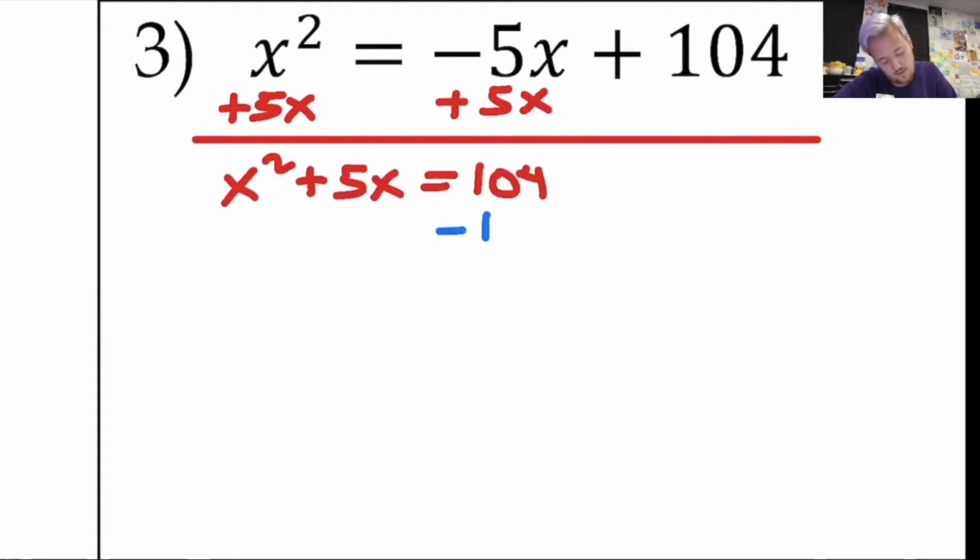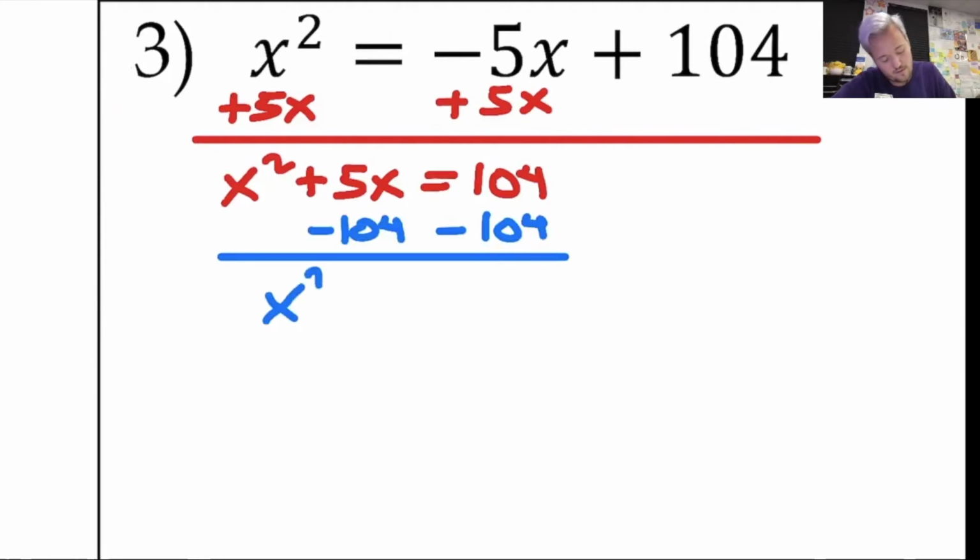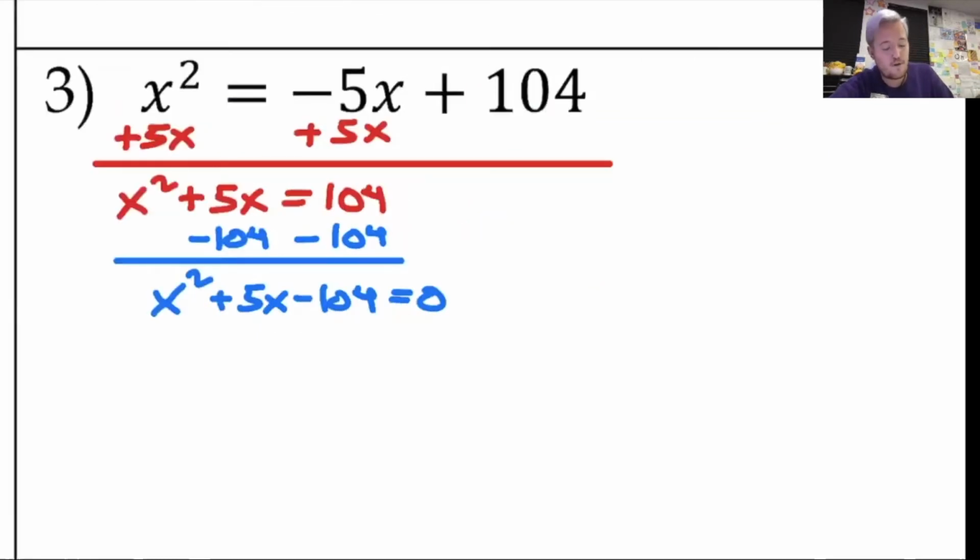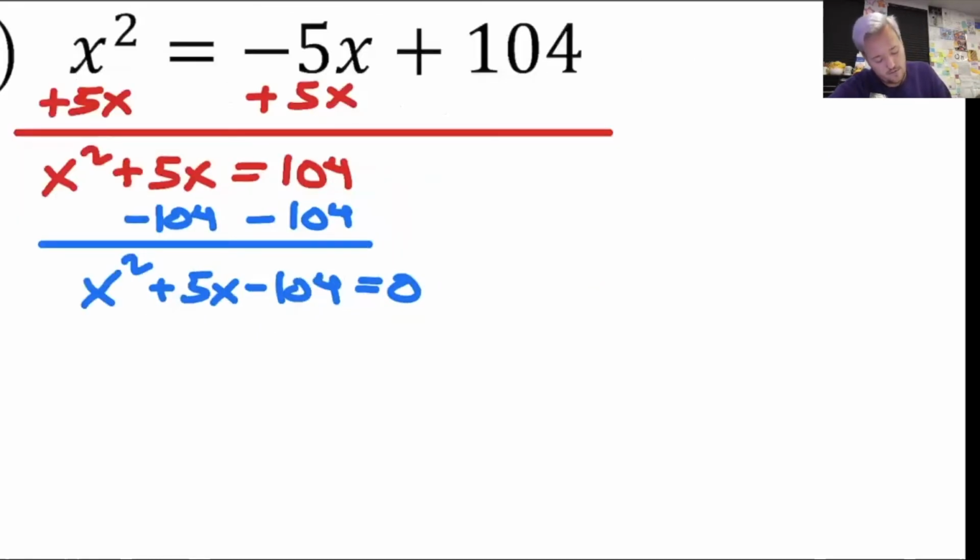So subtract 104. So x squared plus 5x minus 104 equals 0. So now I can find my a, b, and c values. So I have an a value of 1, a b value of 5, and a c value of negative 104.